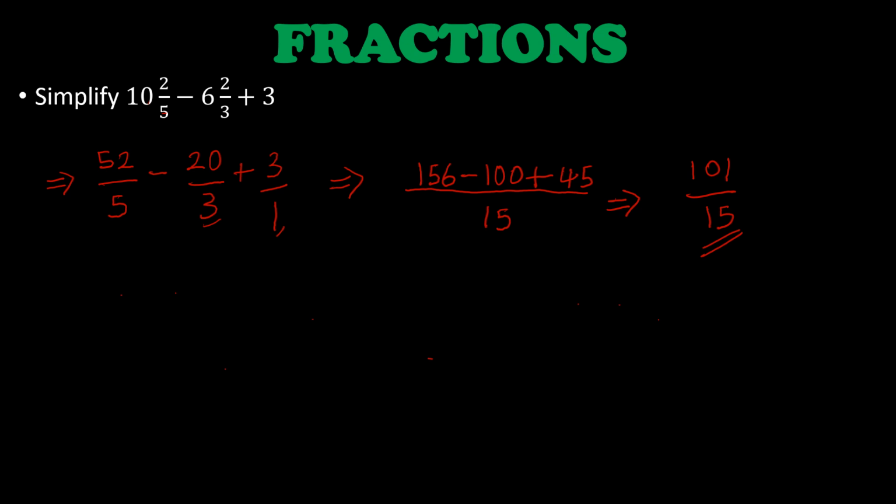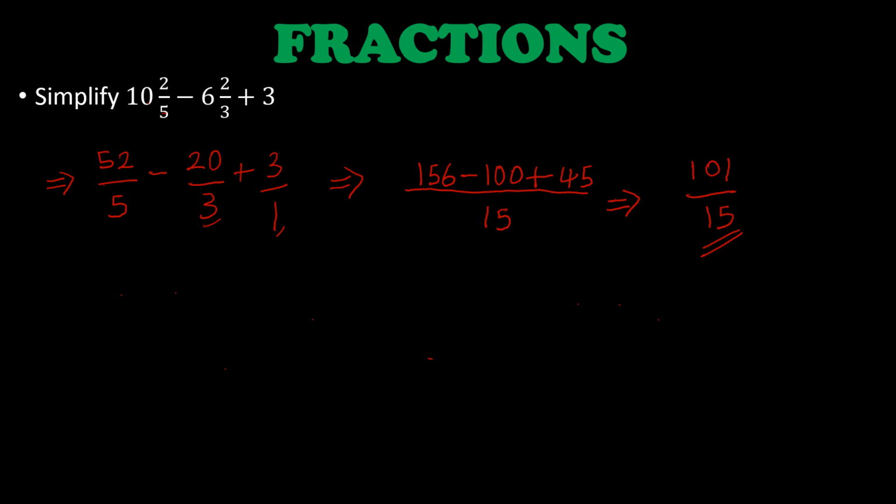It's very simple. We're going to find out how many times 101 can be divided by 15, and then that will become our whole part, and then after doing that, we'll have the remainder as our numerator, and our denominator will always stay the same.